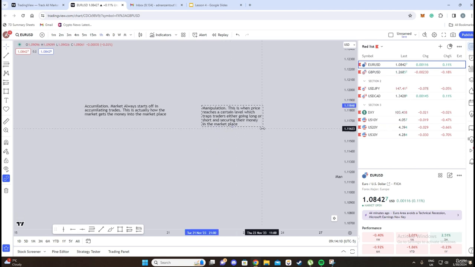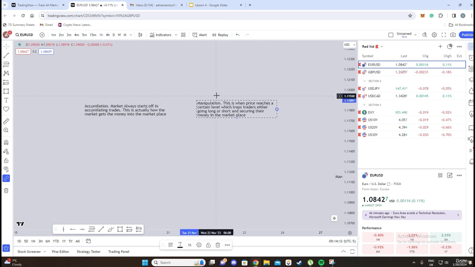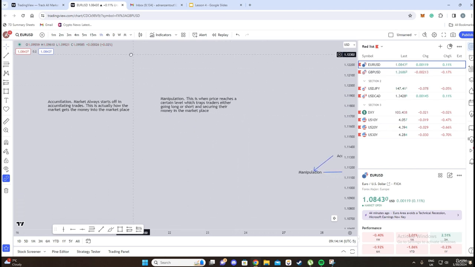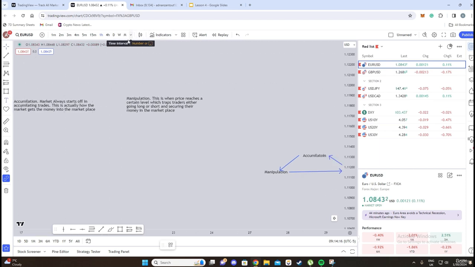So now, after the accumulation, where the orders have been put into place, manipulation is when price actually gets that money secured into the market. That's what the manipulation is.